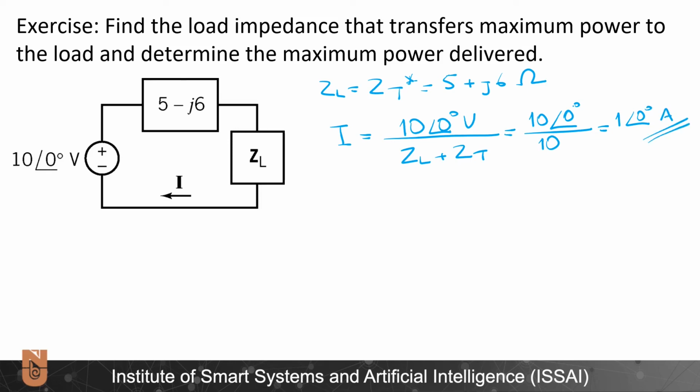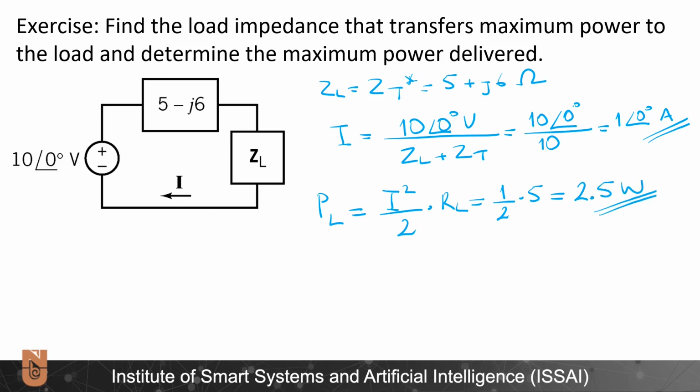Now, after I find this, I can also find the power delivered to the load, which will be equal to Im squared, or I squared here in this case because I defined it as I, divided by 2 times RL, which is 1 over 2 times 5, which is equal to 2.5 watts.